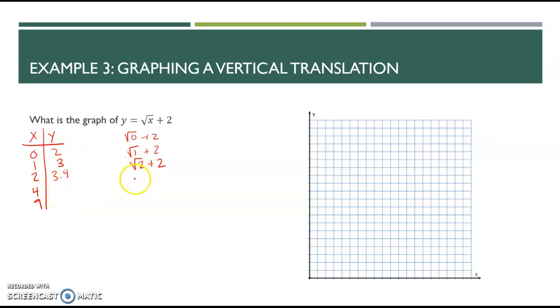When we plug in 4, square root of 4 plus 2, we'd end up with 2 plus 2, which is 4. Square root of 9 plus 2, square root of 9 is 3, 3 plus 2 is 5. And so that's our table, and our next step is to then graph.